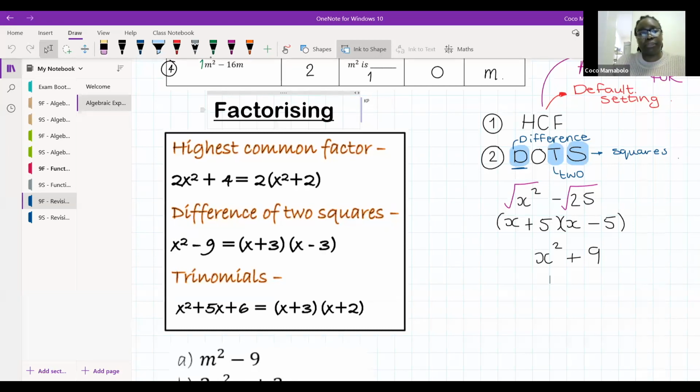Yes, Busisiwe. 9 is not a prime number, my sweetie. 9 has more than 2 factors. Oh, sorry, Tepang. You don't write undefined. You can just say cannot factorize.